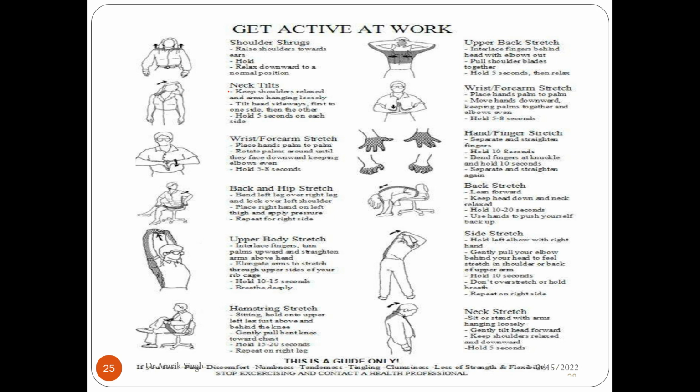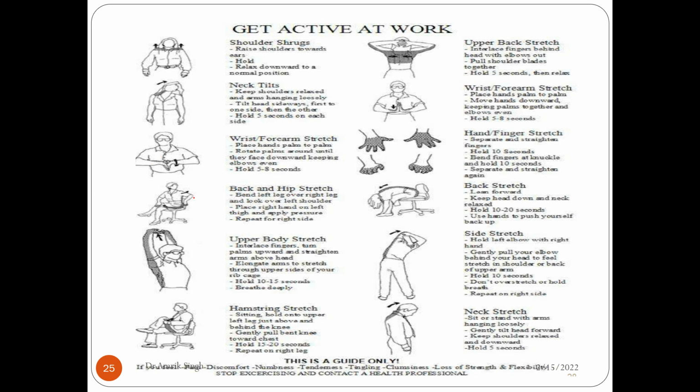Then neck tilts, which also rejuvenate the worker. Then wrist and forearm stretching, which we are doing: place the palms of the hands close to you, and you get new energy.